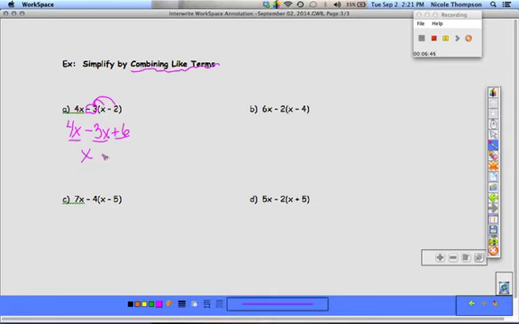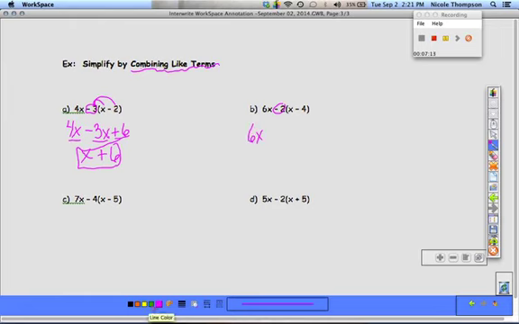Negative 2 times negative 4, be careful, is a positive 8. Once you've distributed, now you combine things that are alike. And you'll notice these are both x's, so they're like terms. So 6x's minus 2x's would make 4x's, and 8 has no other constants to combine with. So that would be your simplified version.